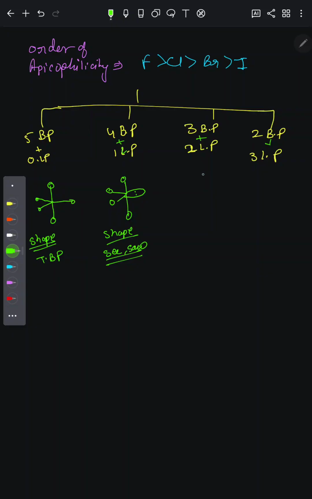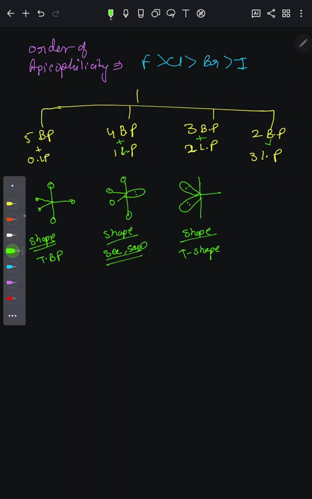And now let's discuss the 3 bond pair and 2 lone pair condition. Their structure will be just like this. 2 lone pair are present and their shape will be T shape. This is called T shape structure.